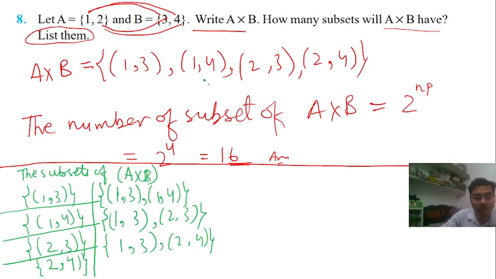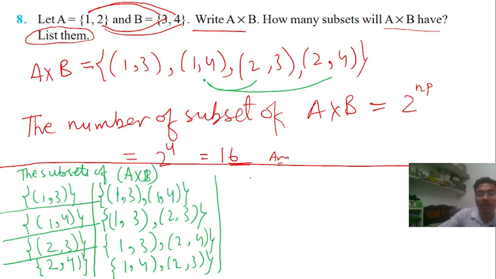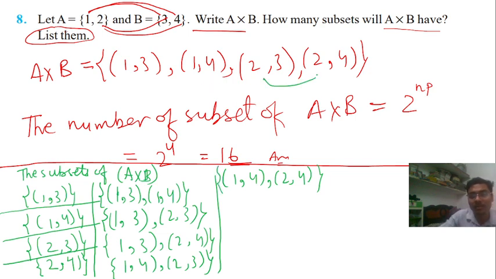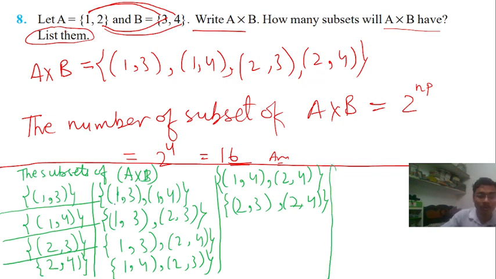Now we write 1 comma 4 with this and this, because 1 comma 4 is already written with 1 comma 3. So 1 comma 4 with 2 comma 3 and 1 comma 4 with 2 comma 4. Now it's time to write 2 comma 3 with 2 comma 4. So all the subsets having 2 elements we write here.